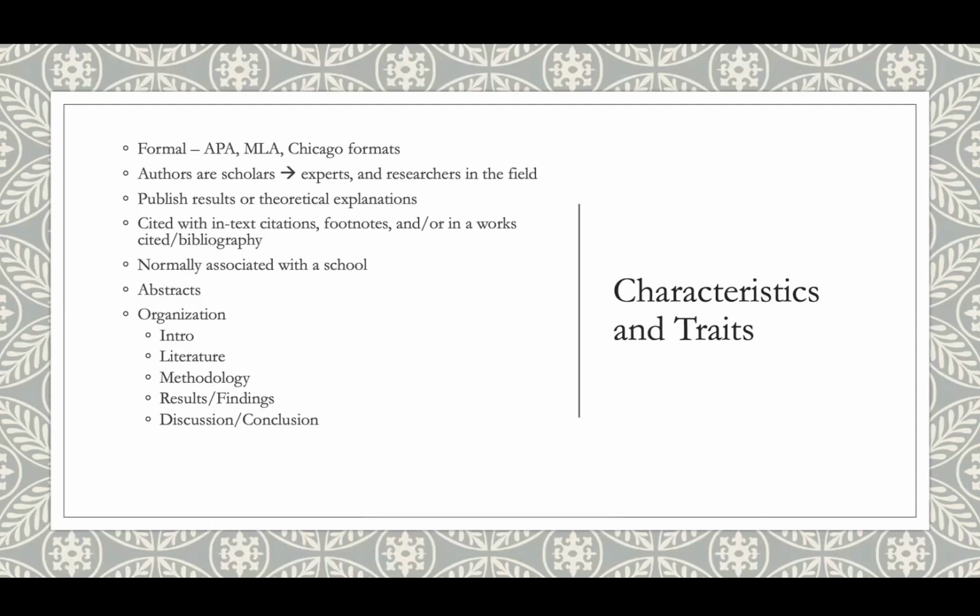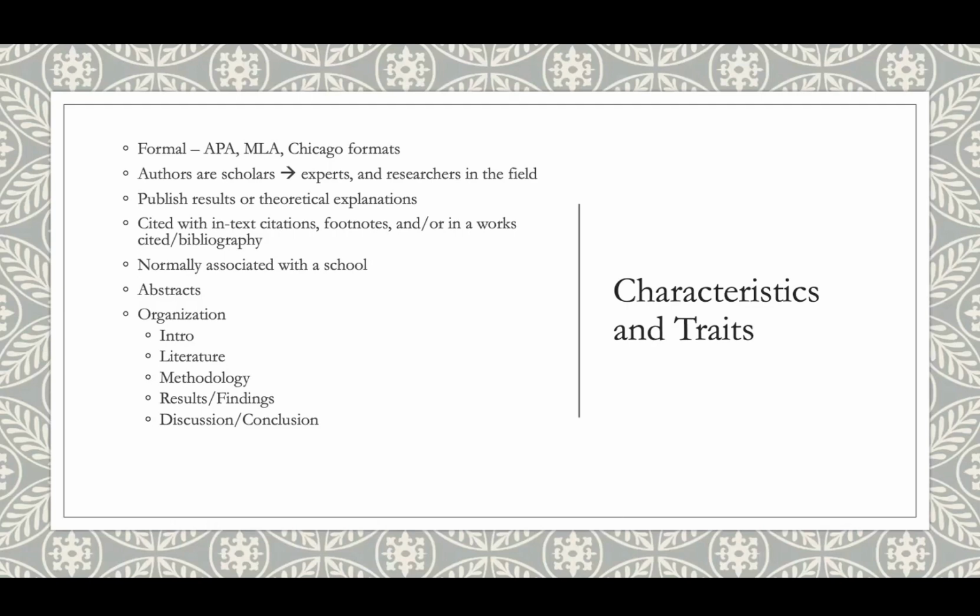Additionally, in journal articles, the purpose is to publish research results or theoretical explanations. So it'll be some sort of theory that's explaining a social phenomenon, or it's publishing some sort of results or findings from research. There'll also be citations in text, footnotes potentially. APA often encourages you to avoid footnotes as much as possible, but you'll see footnotes.